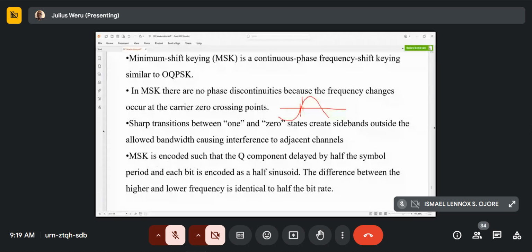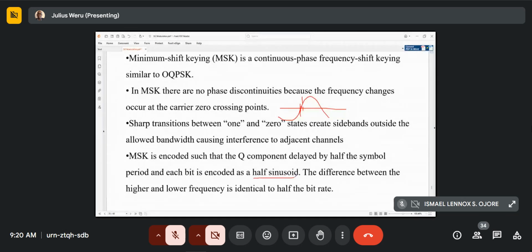So MSK is encoded such that the Q component is delayed by half a bit, the same way as in OQPSK, and each bit is encoded as a half sinusoid. That's the only difference between this and OQPSK.